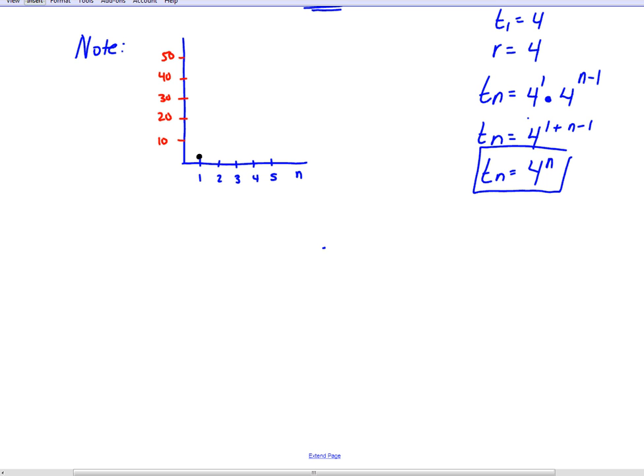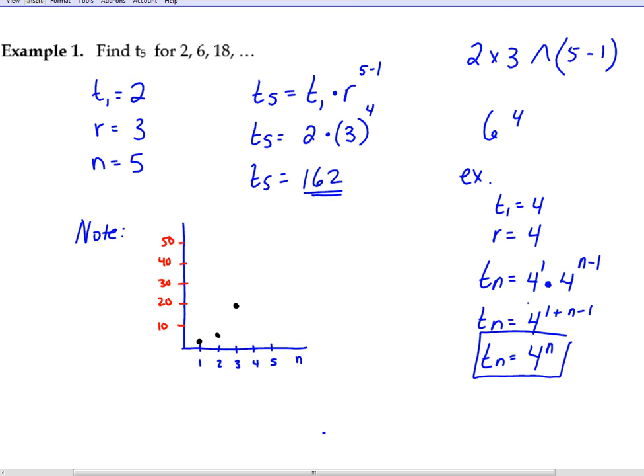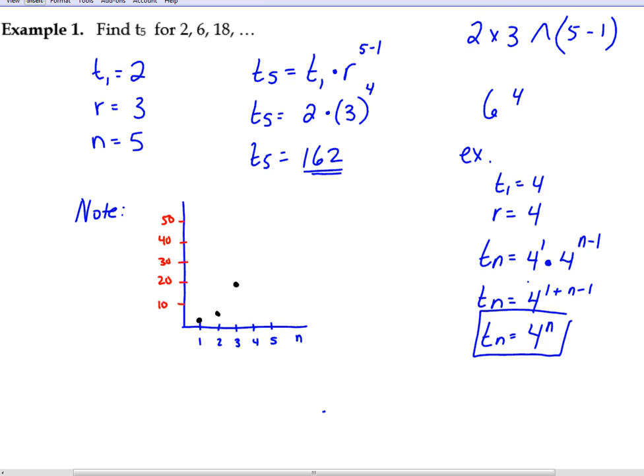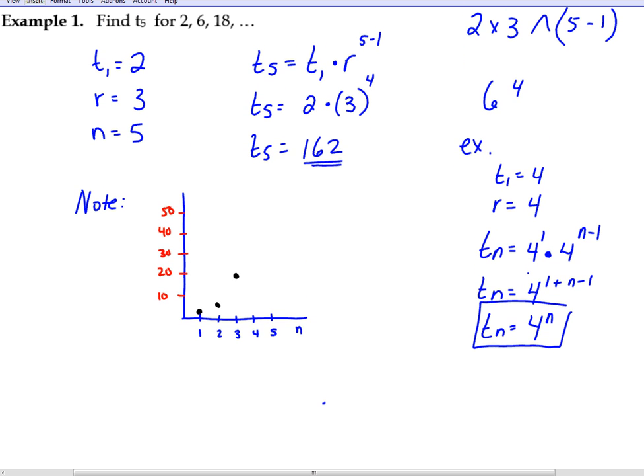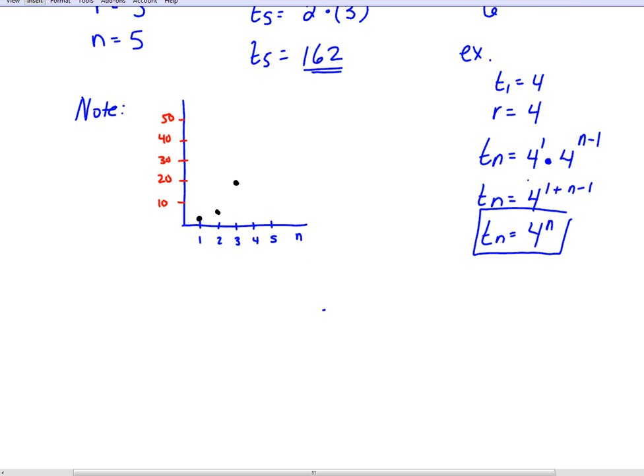Okay, so that's kind of close to 10, but maybe a little lower. Term 3 was 18, closer to 20. And term 4, what's term 4? Did we show it? No. 18 times 3 is 54. What's 18 times 3? 54.